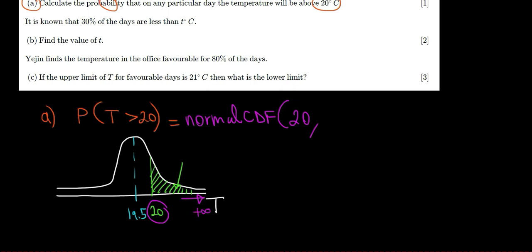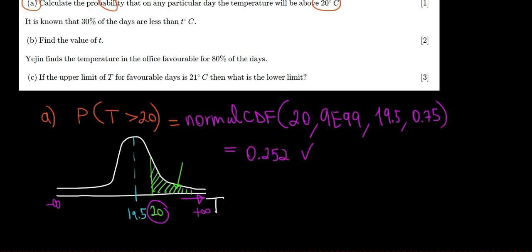Positive infinity on the right side, negative infinity on the left side. So we're going to represent that positive infinity as 9 times 10 to the power 99. Then we're going to put our mean value, which is 19.5, and the standard deviation, which is 0.75. We finish this off, check the calculator, and we would get 0.252. So that would be the first answer.